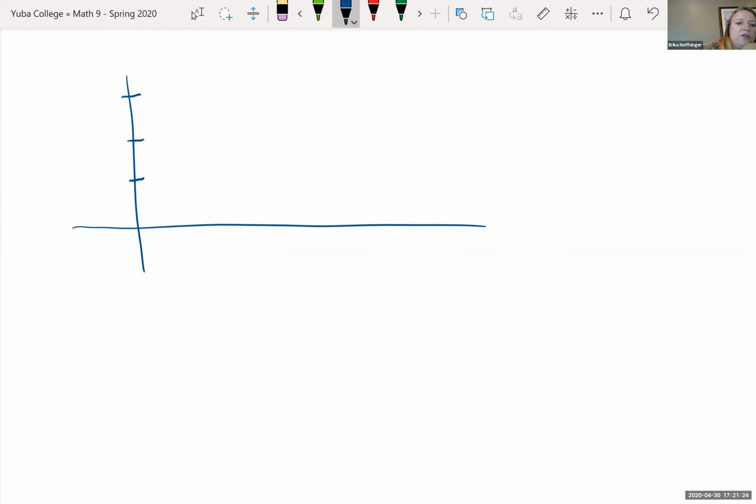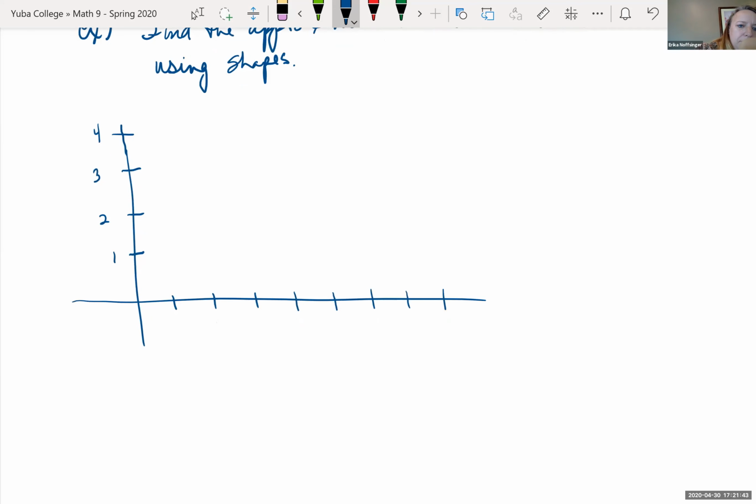Okay, so we have a graph, and my y-axis, I'm going to go up. I have a point at 0, 2.